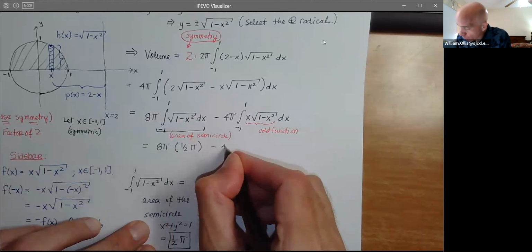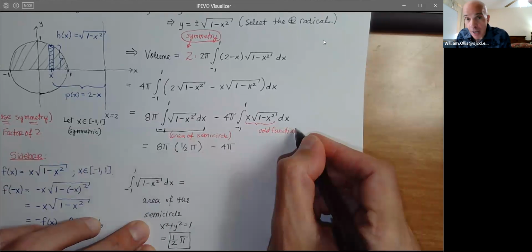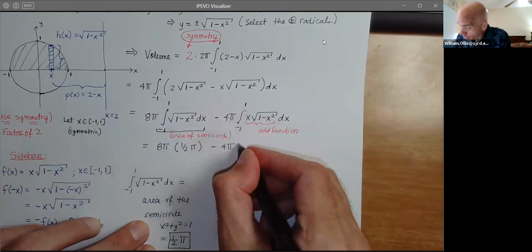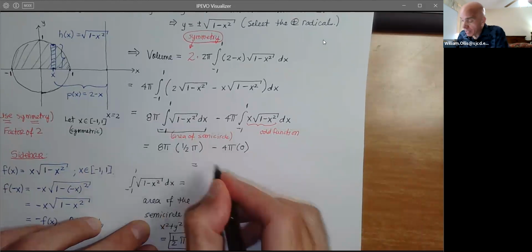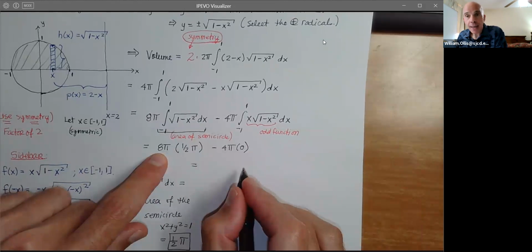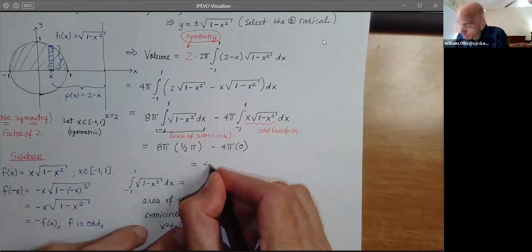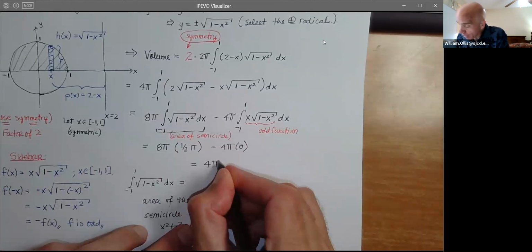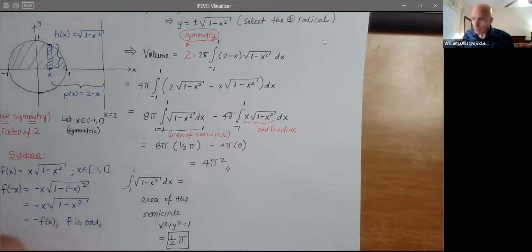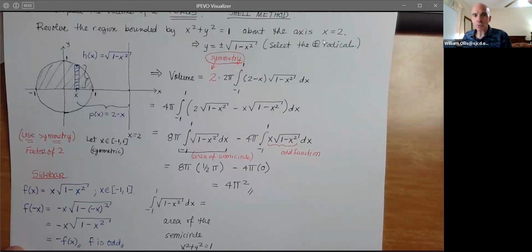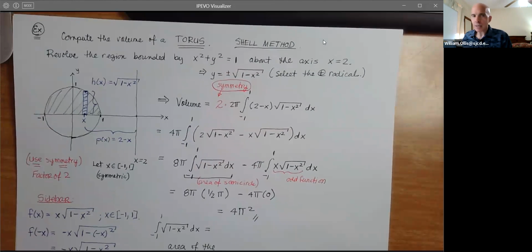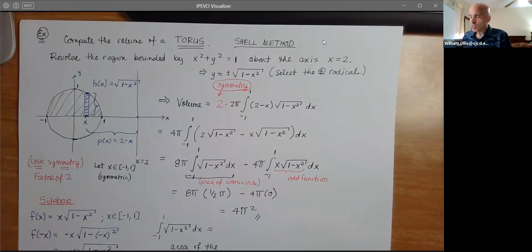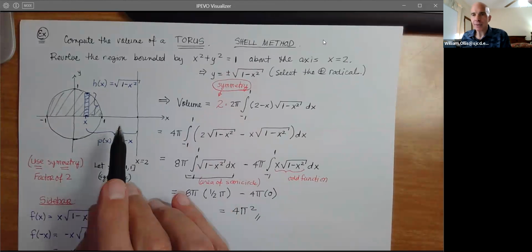And here we have 4 pi, and this is an odd function on a symmetric interval, and that's just 0. So now we get 1/2 times 8, which is 4, and pi times pi, or 4 pi squared. So what we see in this problem is a very, very efficient use of the shell method.